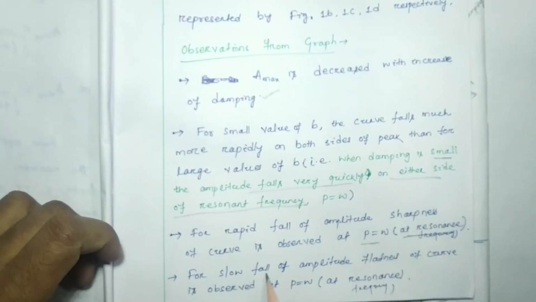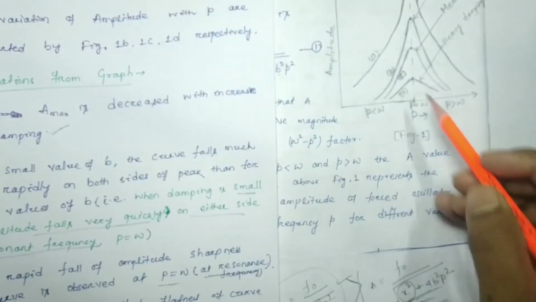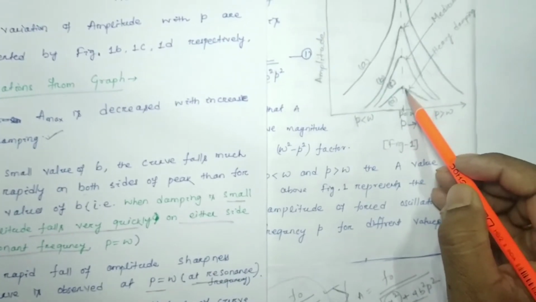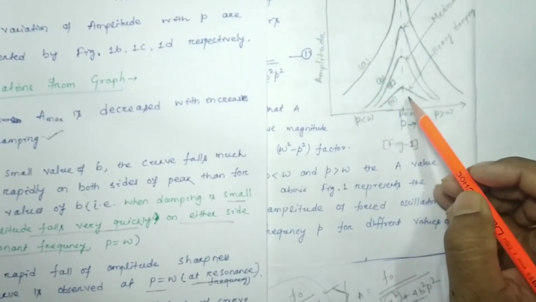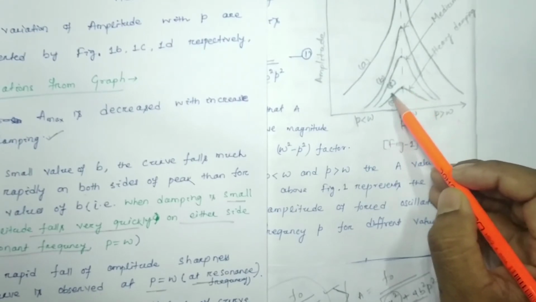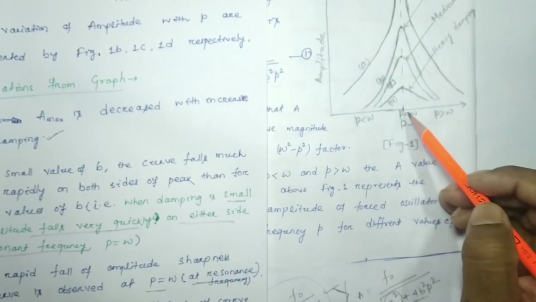For slow fall of amplitude, flatness of curve is observed. That means if we consider the heavy damping case, there is a slow rate of fall of amplitude on either side of the resonant frequency, so we get the flattened curve at p equal to omega.